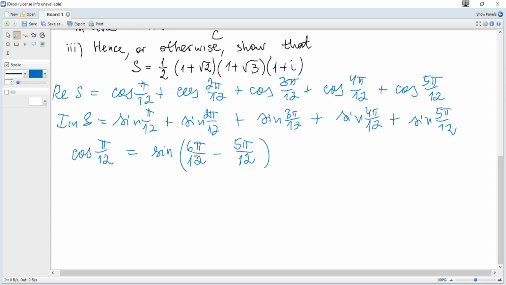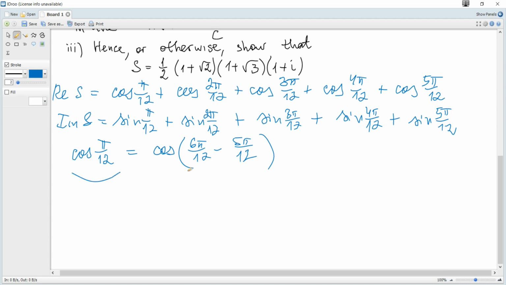So sine of 90 degrees minus alpha is the same as cosine, just no, it's sine. It's cosine pi over 12. To get pi over 12 here, it's 90 or pi over 2, or 6 pi over 12 minus 5 pi over 12.